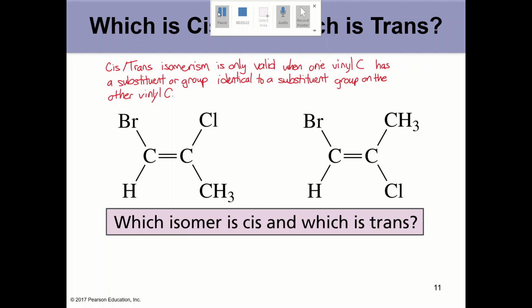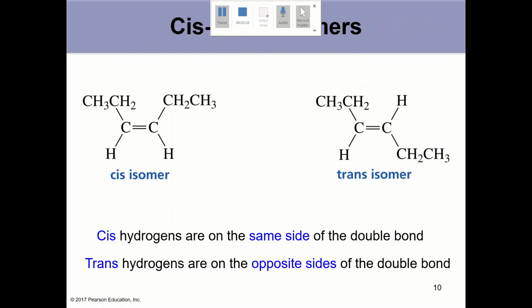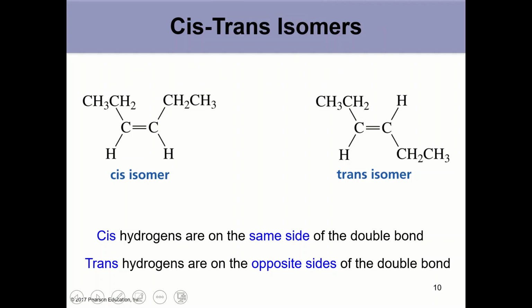So what does that mean? When we look at the cis-trans isomers on the previous slide, you see that the cis isomer has one hydrogen on each vinyl carbon, one hydrogen on the first vinyl carbon and one hydrogen on the second vinyl carbon. These groups are identical but on adjacent carbons.